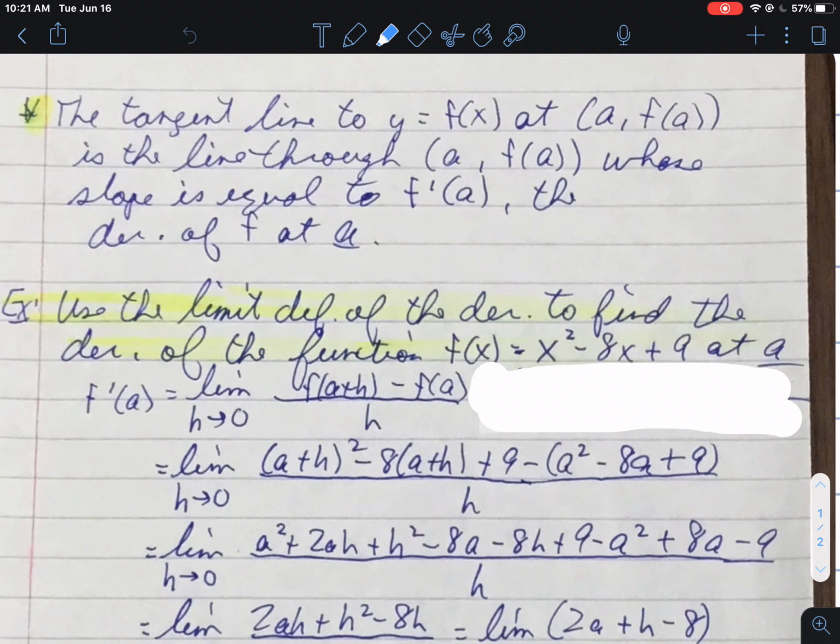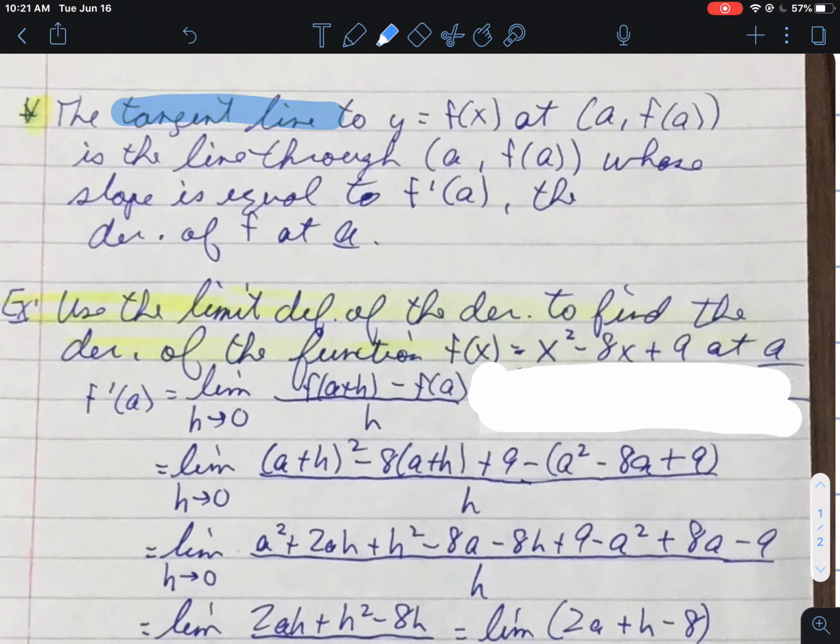So then the tangent line to the function y equals f of x at the point a, f of a is the line through that point a, f of a whose slope is equal to f prime of a. Right? So the derivative of f at a. So that just ties together the whole limit definition of the derivative, what we're calling it, the notation that we're using.